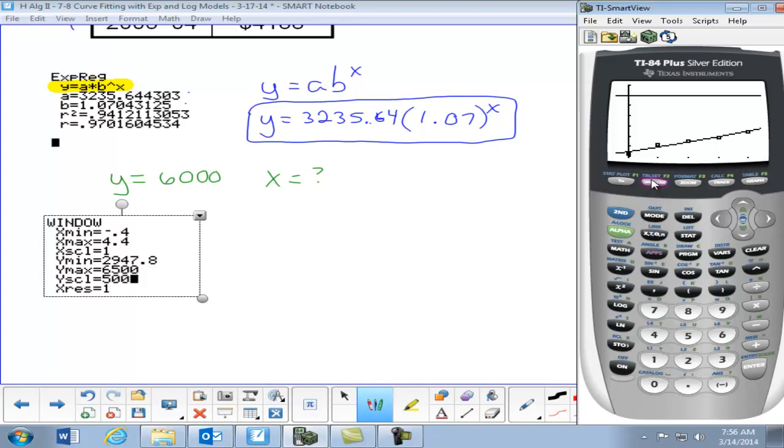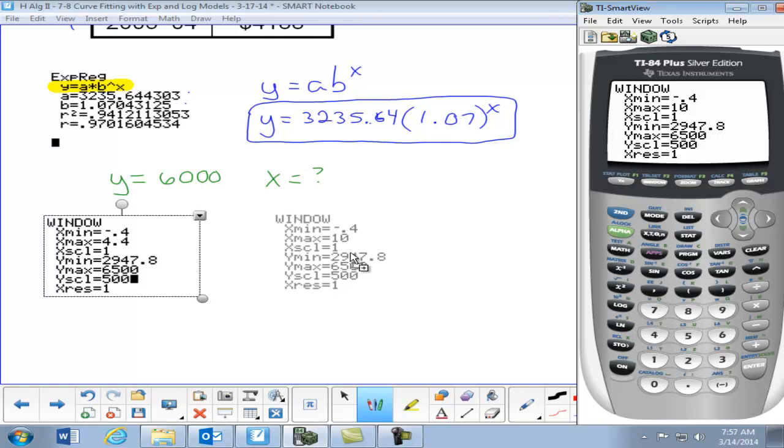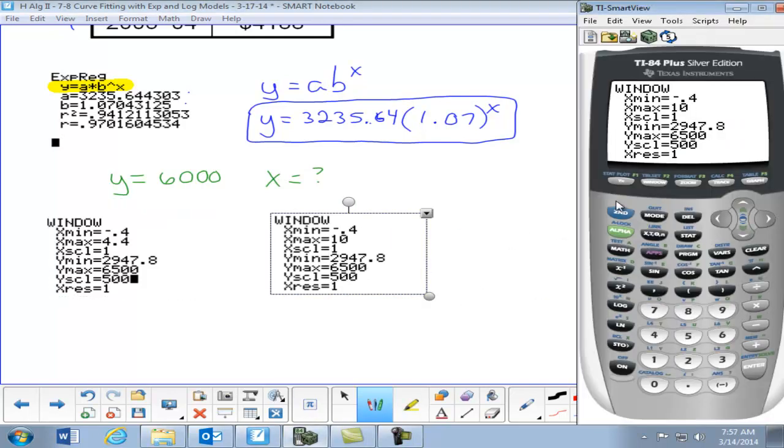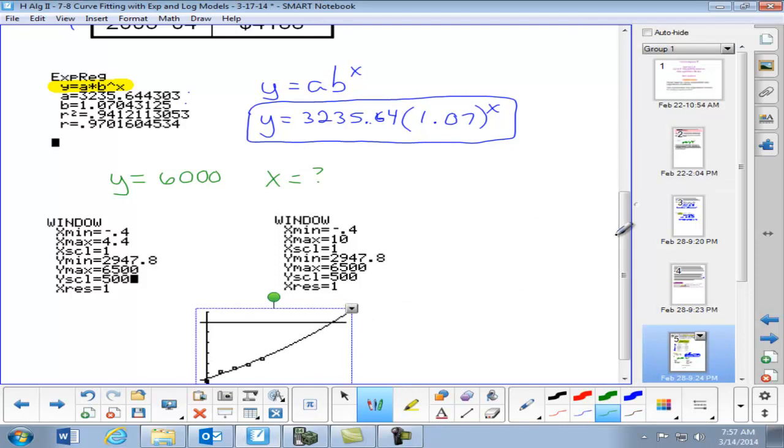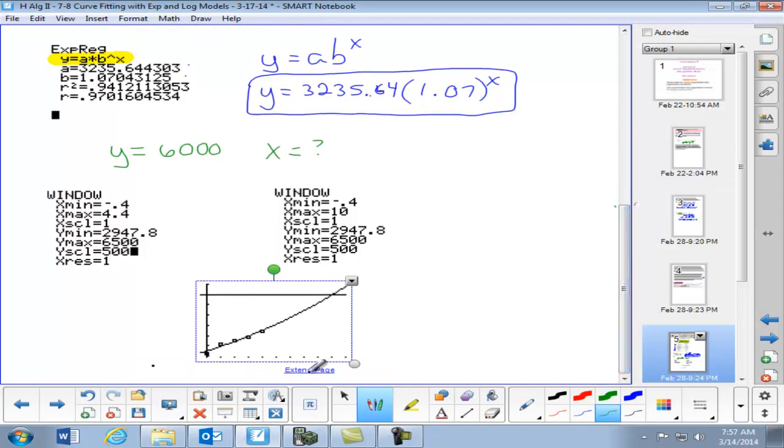So let's change our window, and let's try an x max value of 10. So here's my final window, and then I'm going to graph it. So here's my graph.